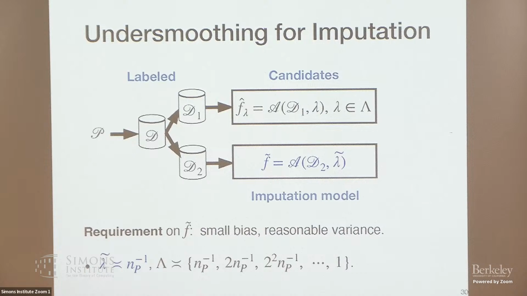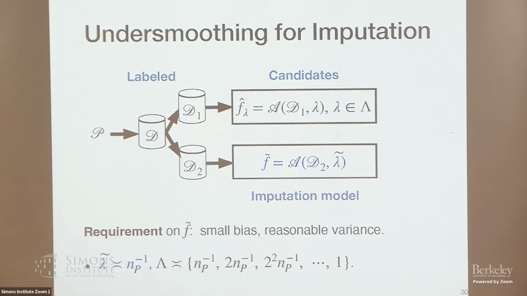And this is how we implement our idea for kernel ridge. I have the labeled source data, and I do a split to train candidate models and the imputation model. So how do we choose those lambdas? First of all, for the imputation model, we want low bias and reasonable variance. Having low bias means I choose a small lambda, and theoretically you can choose 1 over your sample size.